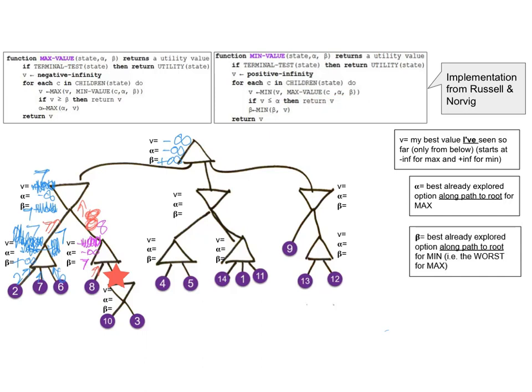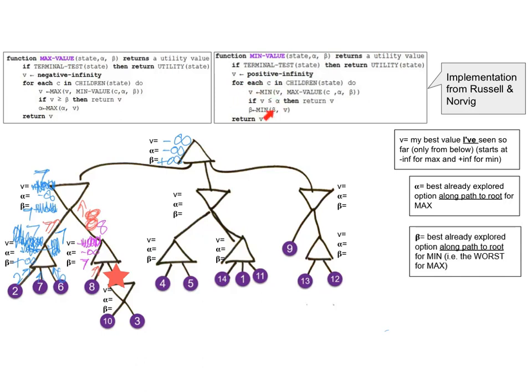The minimum of 7 and 8 is still 7, so we'll leave v alone. And is v less than or equal to alpha? Nope. So beta is going to get the minimum of beta and v. Well, it just stays alone.